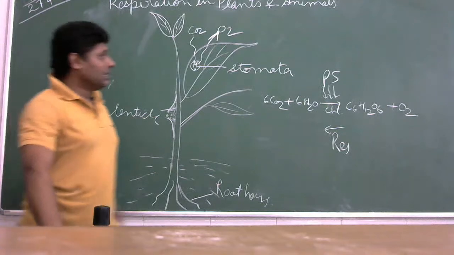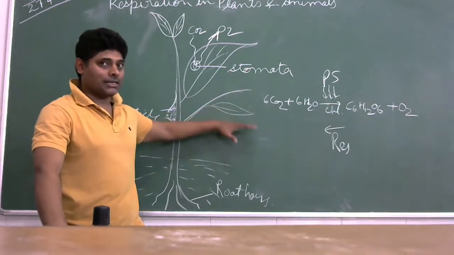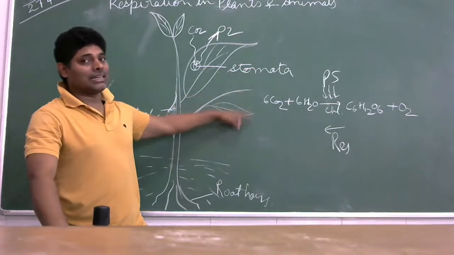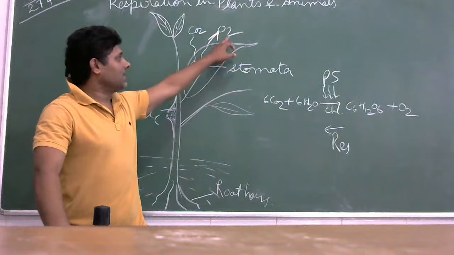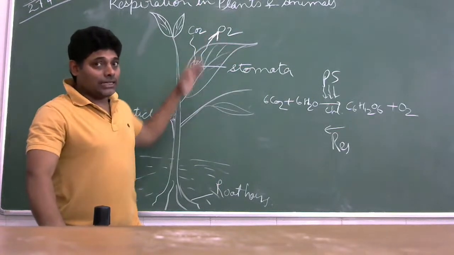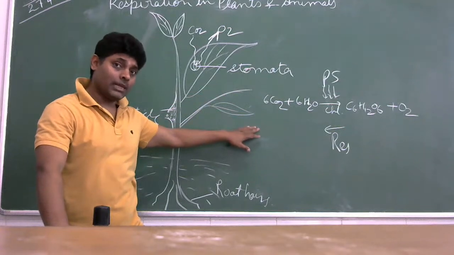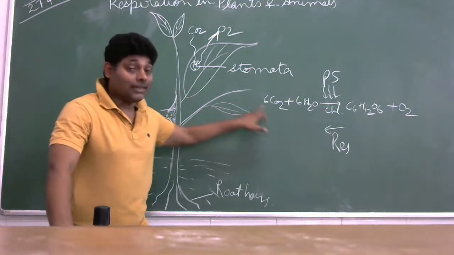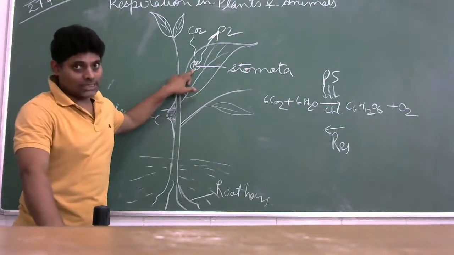Is it clear? During the daytime, photosynthesis occurs. It needs carbon dioxide for making its food, and releases oxygen. Respiration also occurs during the day, and the carbon dioxide released during respiration is utilized in photosynthesis.